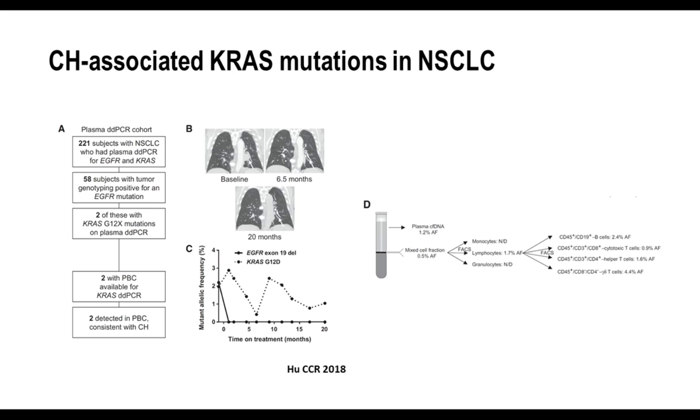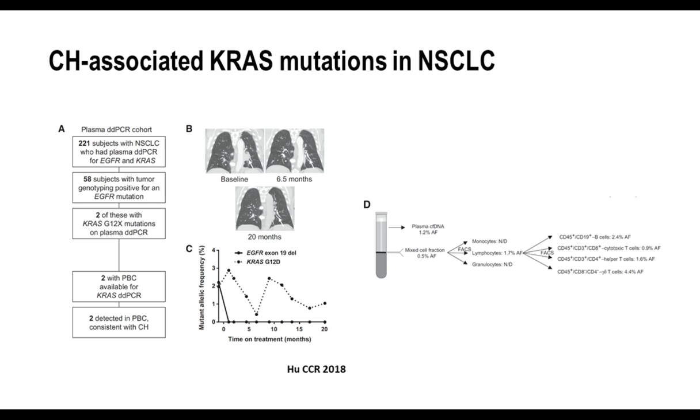This is a cohort of individuals who had an EGFR mutation, and they were tested for KRAS mutation, and in 2 cases, just like in our studies, KRAS mutations were identified by plasma droplet digital PCR. Now, these investigators had peripheral blood cells available for these 2 individuals.